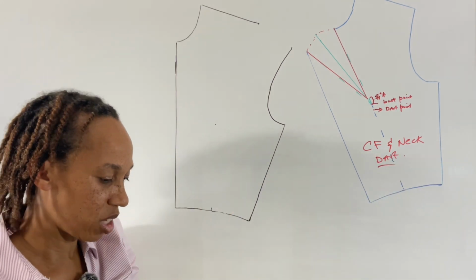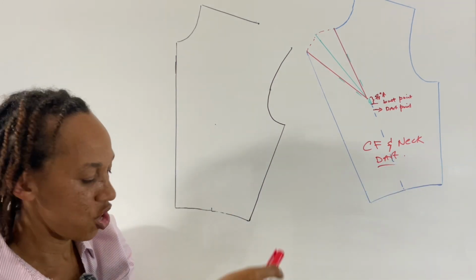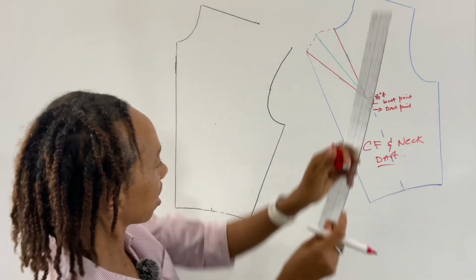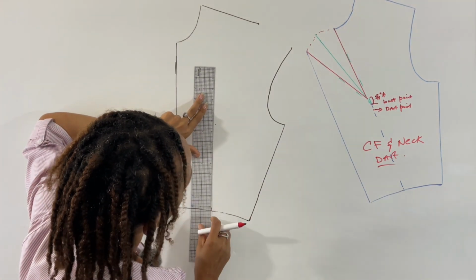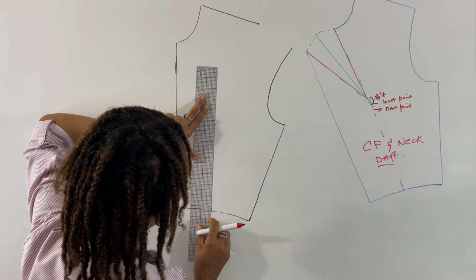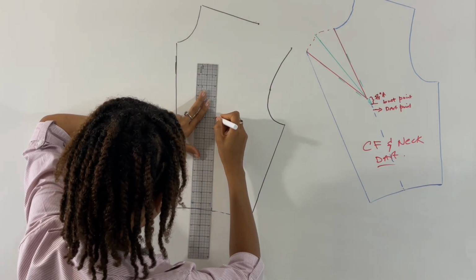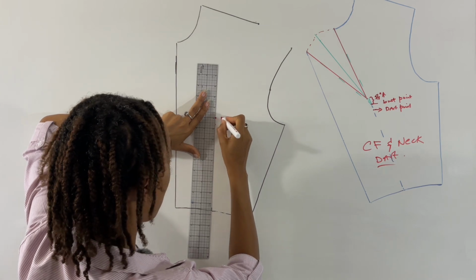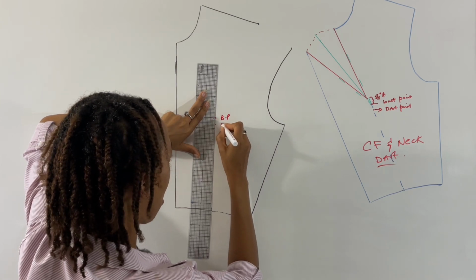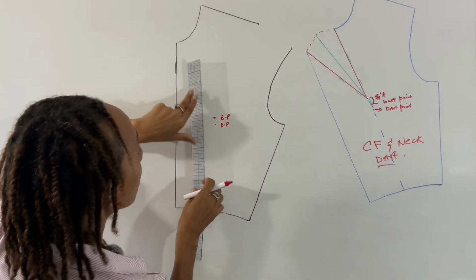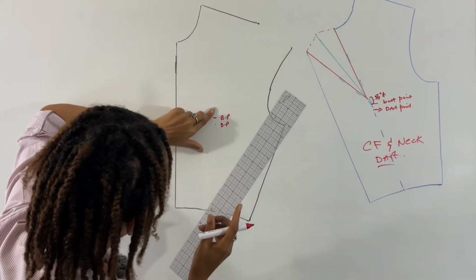So because that is your dart point, once again, you need to create your bust point by going up 5/8 of an inch. So you're going to go right here. That's your bust point, BP. This is your dart point. Okay. Then what you're going to do, oh, that smudged a bit.